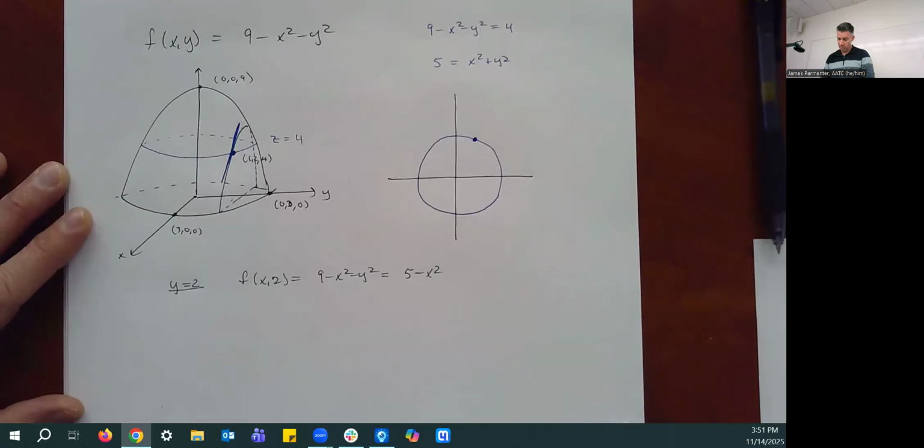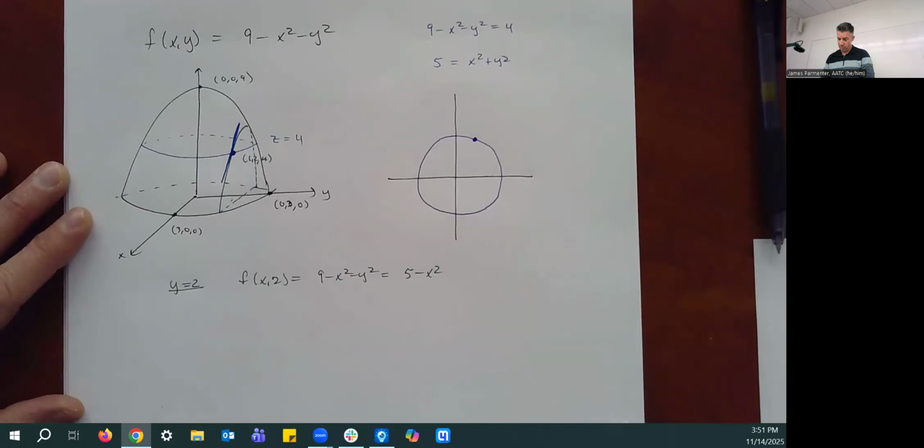I'm really bad at drawing this one for some reason. I need one more thing here. There we go, that'll make it a little bit easier. So there's the parabola that we're traveling along.